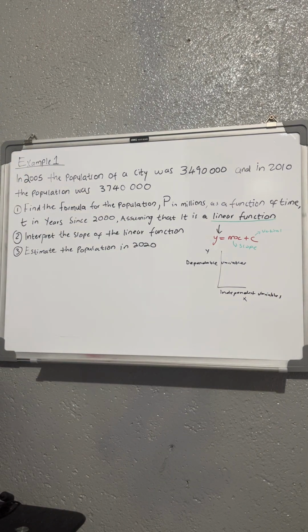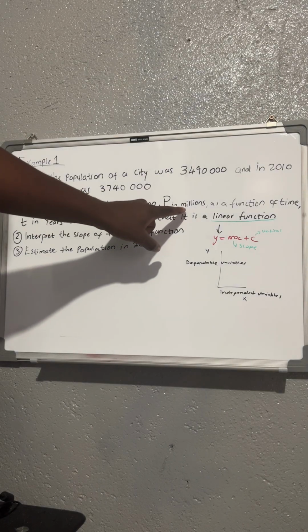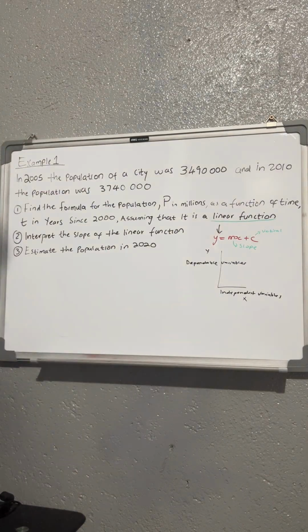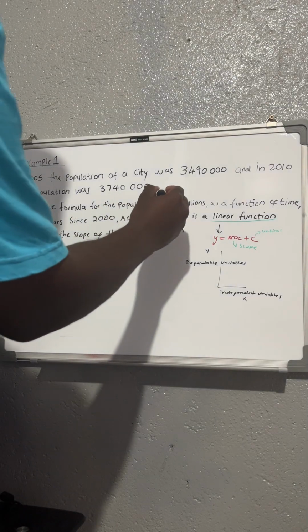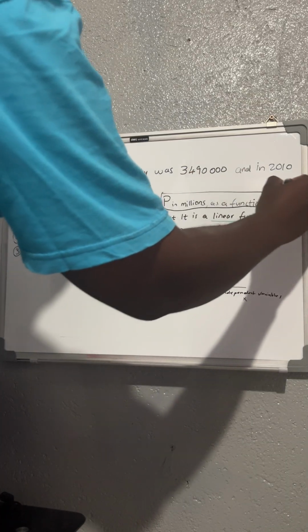So now we go again to this type of question and ask yourself, since they're saying find the formula for the population P in millions as a function of time, what does that statement mean? Let me just highlight it, this one here where they say P as a function of time.